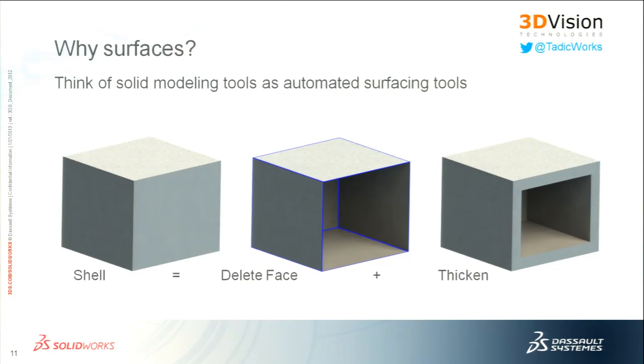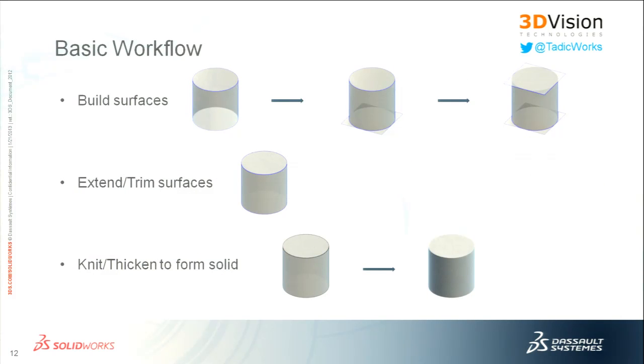But you could almost break down every single solid modeling tool into a series of surfacing tools. Like in this case, a shell feature, you could think of it as it removes a face, the faces that you select, and it keeps the rest of them and just thickens them.